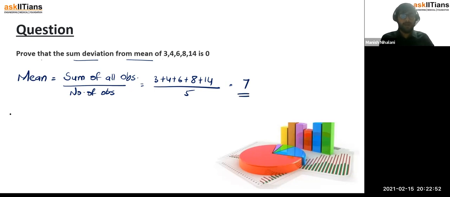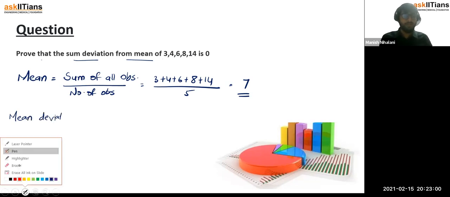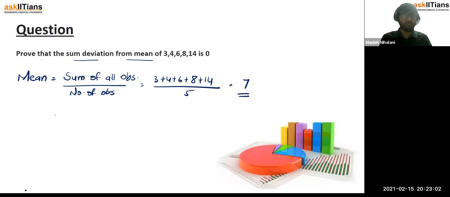Now we would be trying to calculate the mean deviations, that is, how far each observation is away from the mean. So we need to calculate the mean deviations. The first observation is 3, so 3 minus 7, which is minus 4.